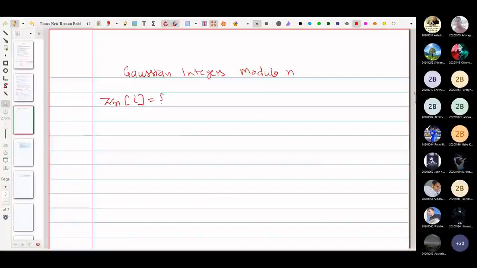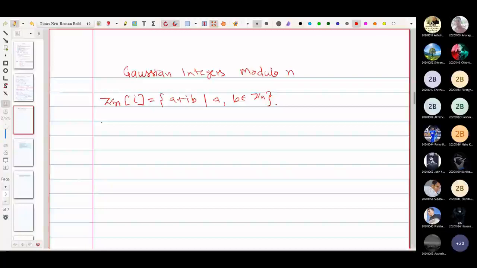Zn[i] is equal to the collection of all those elements of the form a + bi, where a and b belong to Zn. Fine. Then you know everything. Everything will be parallel to the last example we have discussed. And one more thing, the addition we are going to use will be under modulo n.